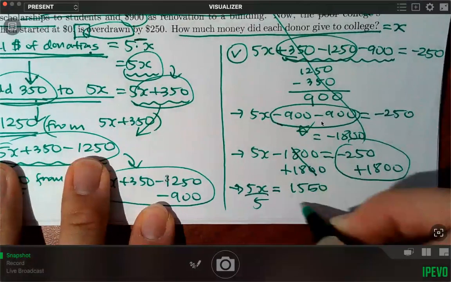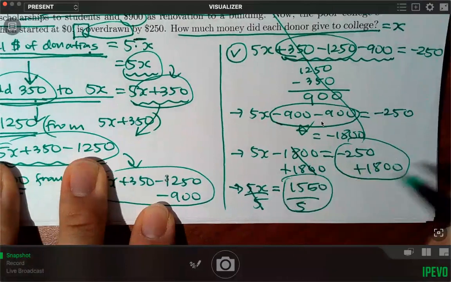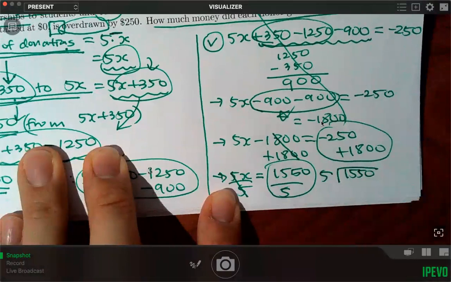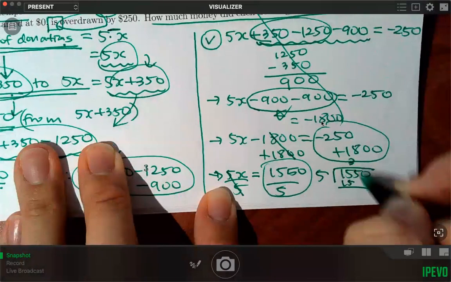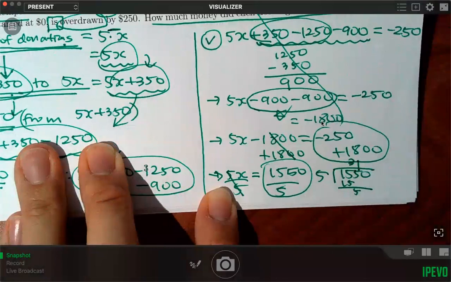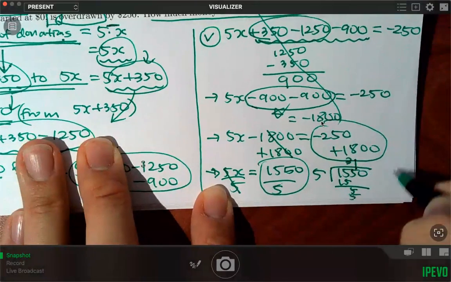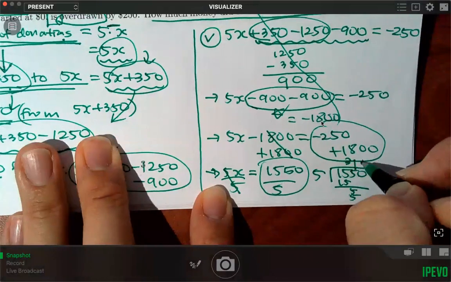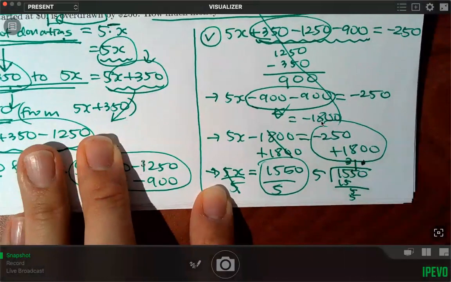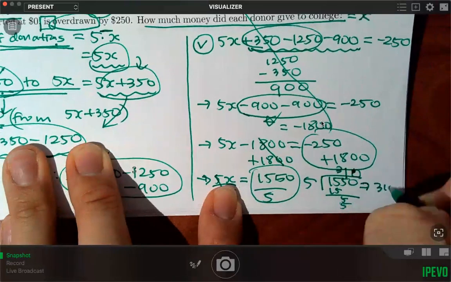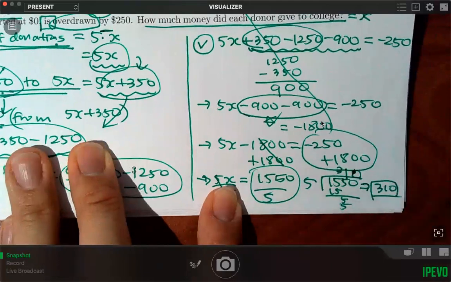Divide by 5, yes. So 1550 divided by 5. What do you get? 3, and then nothing left. And then 1, and then, so is it $31? 310, yes. Okay, so the answer is $310 each.